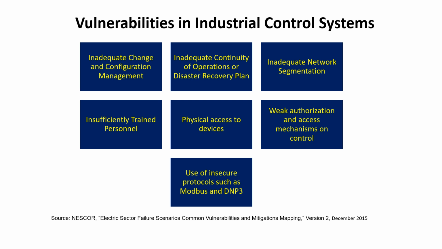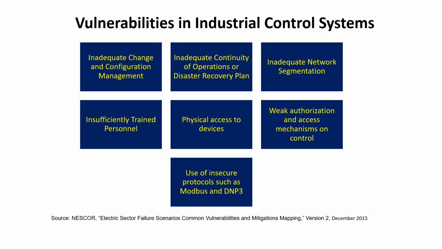Inadequate network segmentation. An example is the OT network is connected to untrusted networks or that network interfaces permit unnecessary traffic flows. Insufficiently trained personnel. Workers are not trained on security policies and procedures. Physical access to devices. Physical devices such as PLCs, sensors, switches, and others are not properly secured.